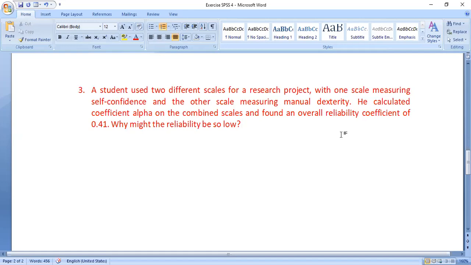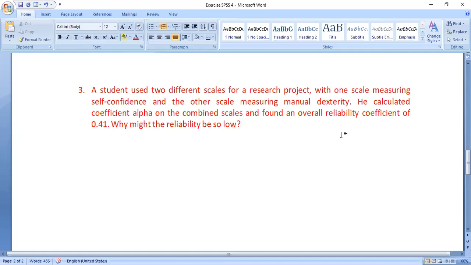So if you look at these two variables of self-confidence and manual dexterity, they are two different things. Self-confidence is something internal, inbuilt, which comes with how much faith a person has in themselves, whereas manual dexterity is based on the practice one does on some instruments for writing, or for painting, or for any skills one is good at.